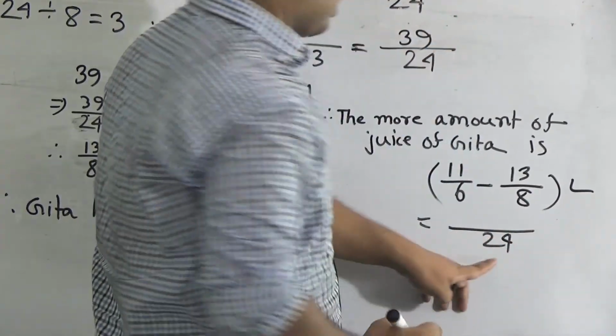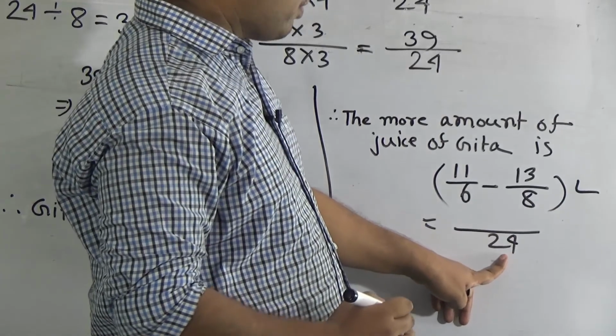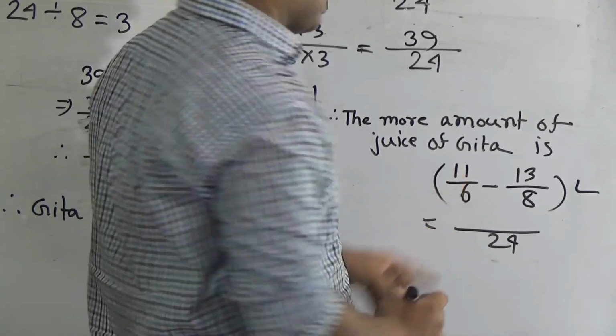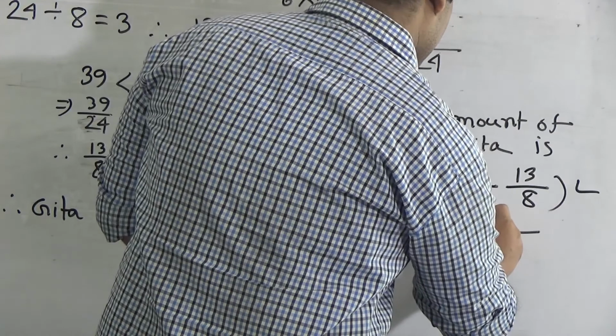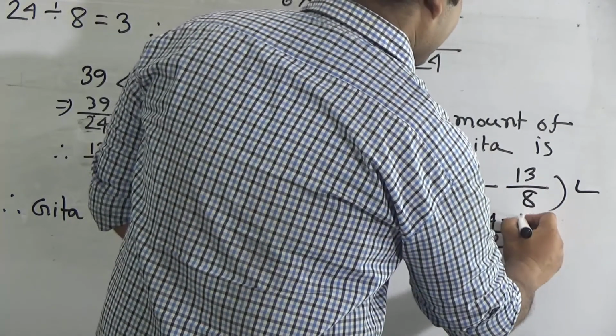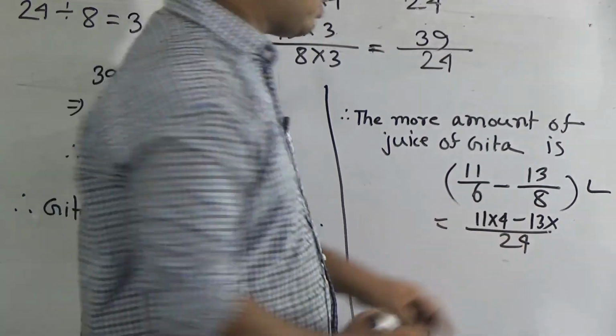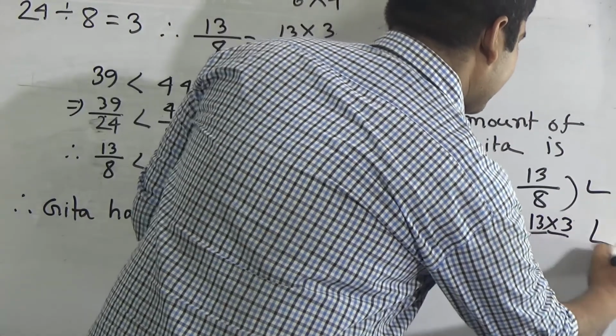24. Now we divide this 24 by 6 and we get 4. 4 is multiplied with 11. Again, we divide 24 by 8 and we get 3, multiplied with 13. Okay, liter.